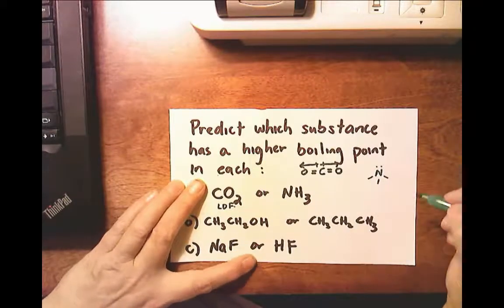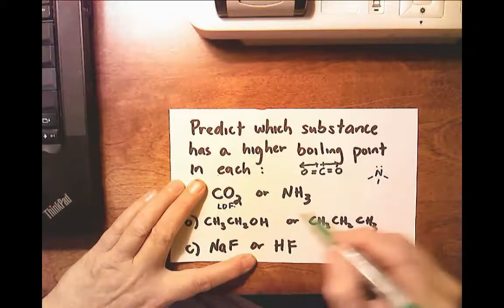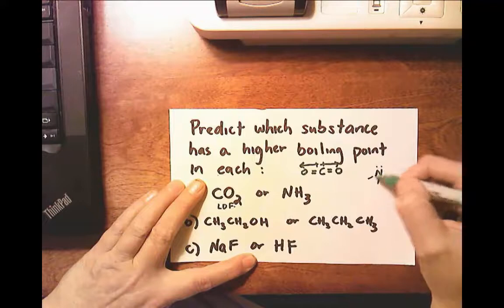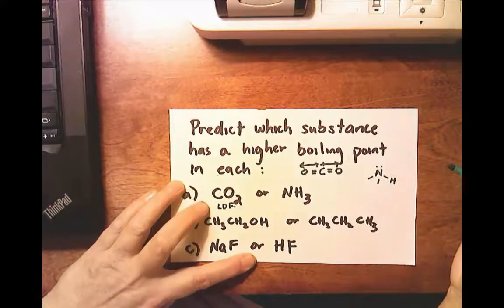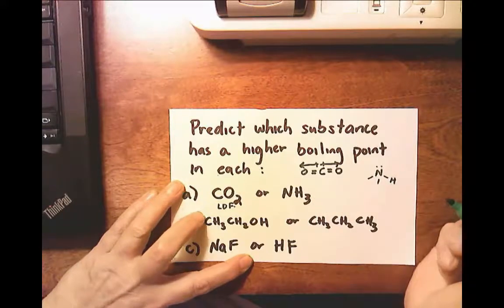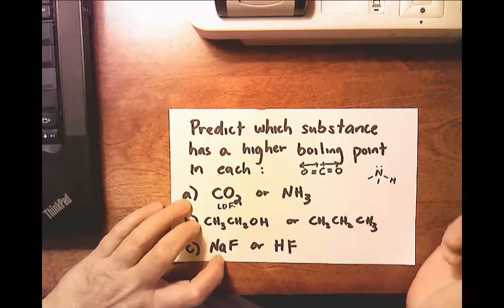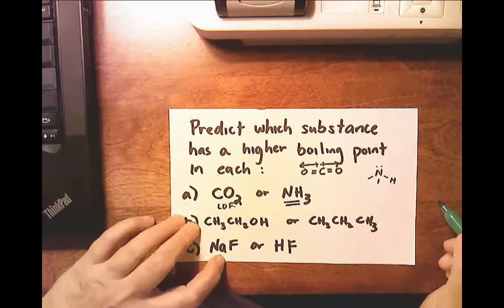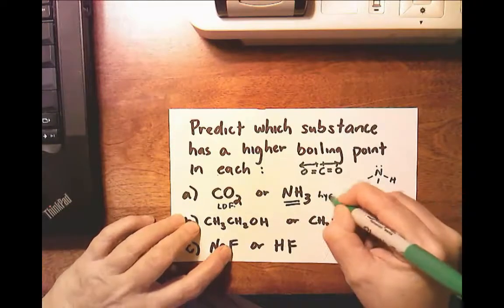But look at what's involved here. Nitrogen and hydrogen, highly electronegative. So not just dipole-dipole, but actually hydrogen bonding. So higher boiling point, ammonia. Okay, hydrogen bonding going on there.